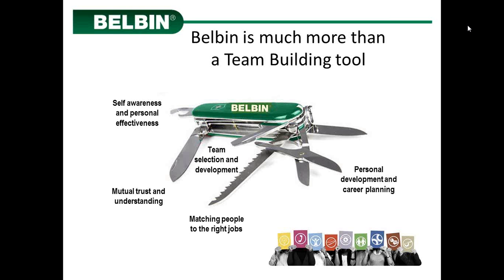And let's run them all through so we can see them all. If you start to take a look at the entire range of offerings that Belbin can give you, it's way more than a profile or even a team report. If I start on the left-hand side, we look at self-awareness and personal effectiveness. And of itself, that is hugely useful, the self-perception and the observers.